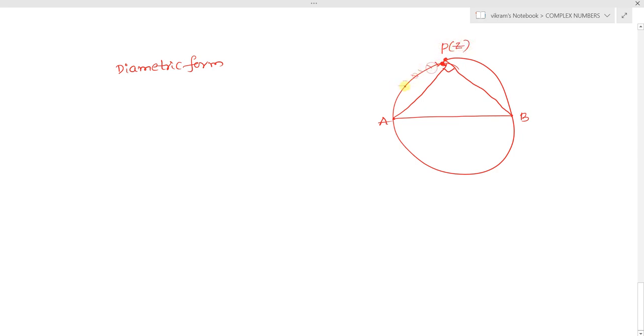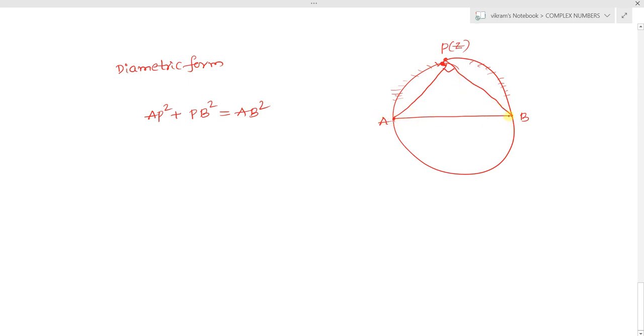Now the locus we need to find in this semicircle is nothing but the circle equation in its diametric form. If it is a right angle, we can write AP squared plus PB squared equals AB squared. Why? Because it forms a right-angled triangle, so we apply the Pythagoras theorem.